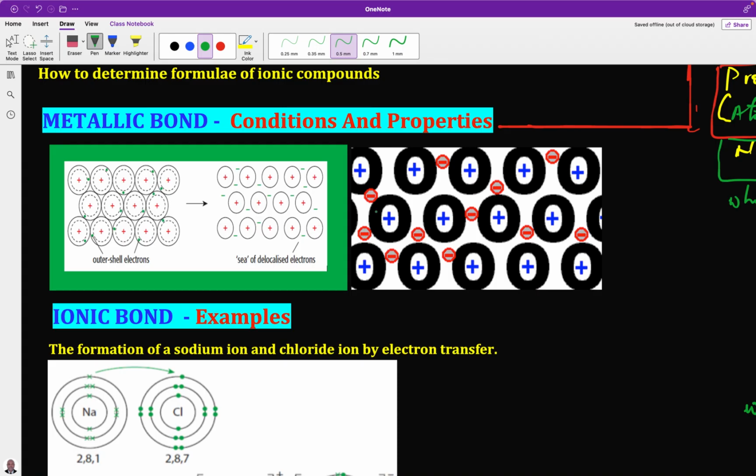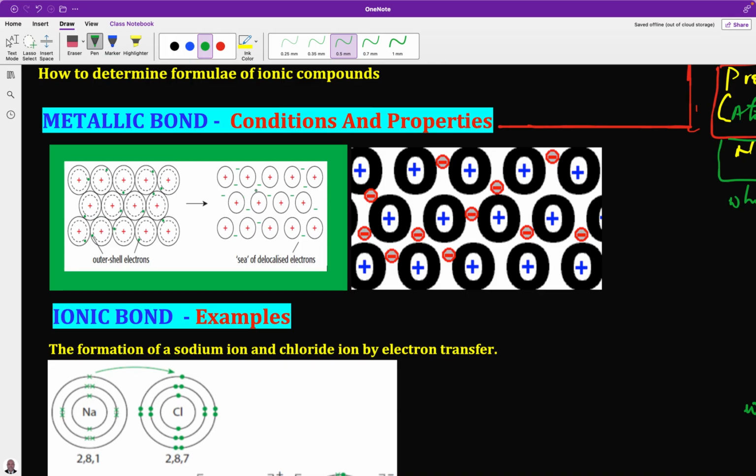Once more, a metallic bond is electrostatic force of attraction between the positively charged ions and the negatively charged delocalized sea of electrons.